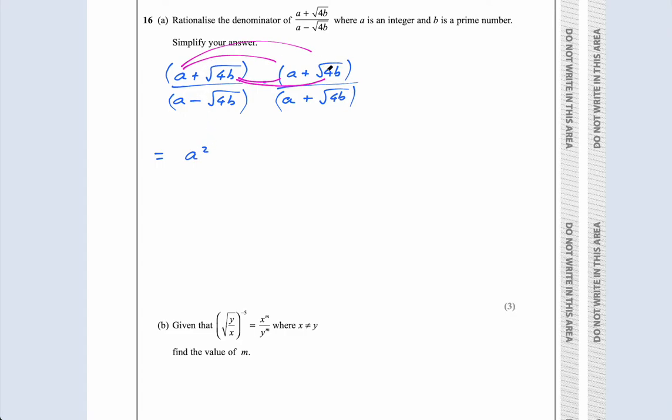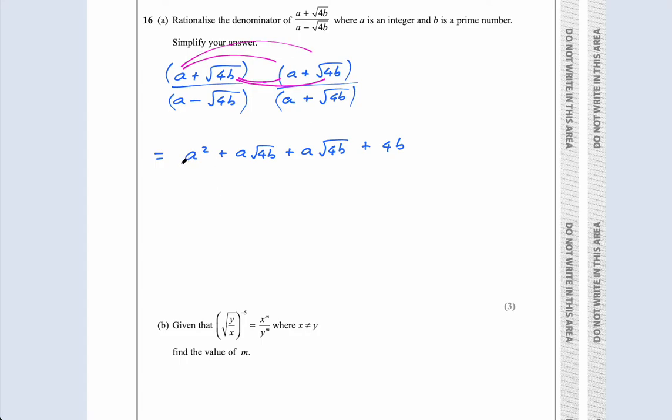A times root 4b is a root 4b. Root 4b times a is also a root 4b, and root 4b times root 4b is just 4b, because root x times root x equals x. Whatever's in the root, if you square it, you just get itself.